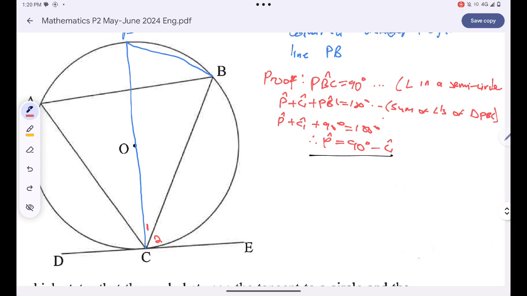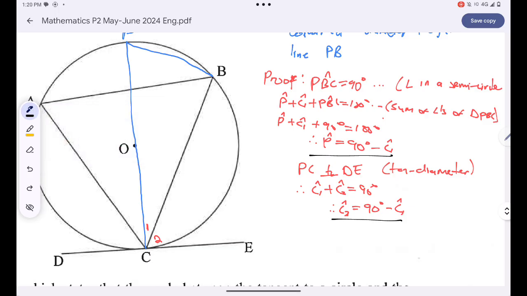Okay, what else do we know? I know that PC is perpendicular to DE. The relationship between a tangent and the diameter, guys, is that they are always perpendicular. So I can therefore conclude that angle C1 plus angle C2 both equal 90 degrees, and hence angle C2 will be equal to 90 degrees minus angle C1.